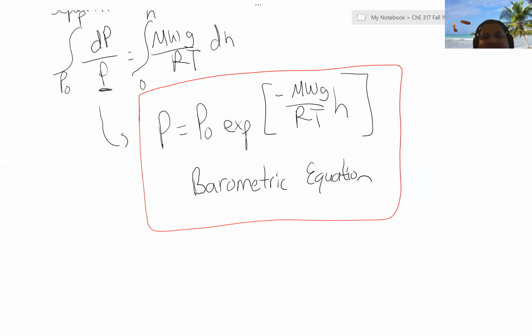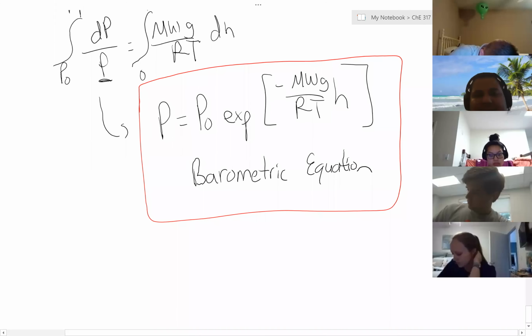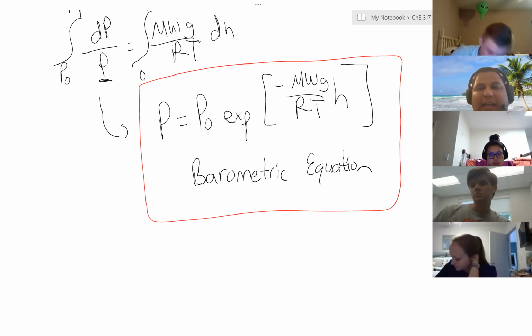And since it sits there in the denominator, we end up with this new expression with our exponential term. Is that clear as mud? Are there any questions?